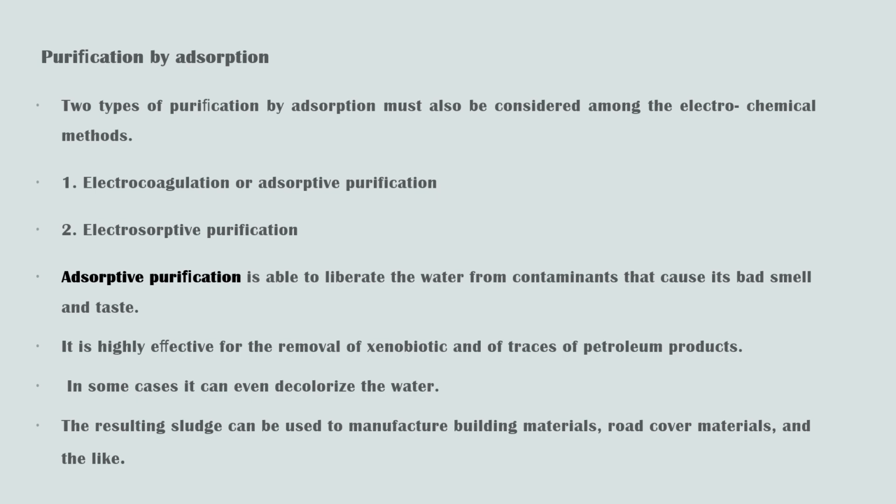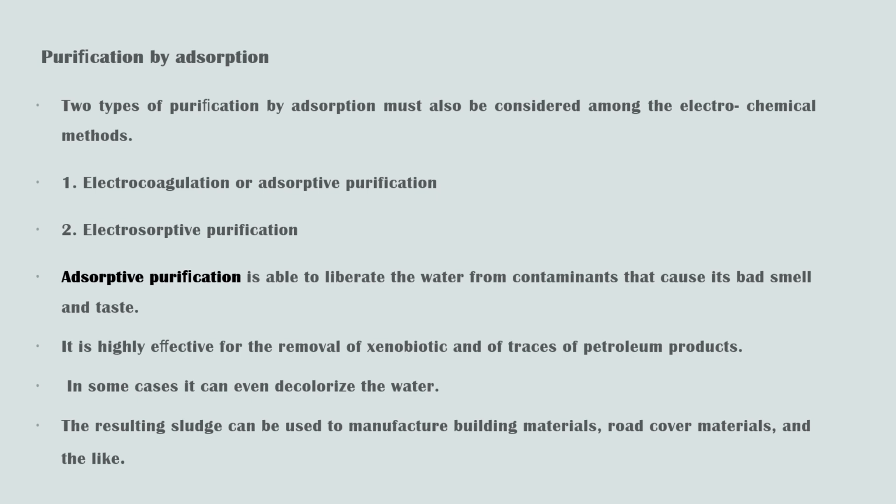While considering the purification procedures for removing the pollutants by electrochemical methods, two types of adsorption methods have been incorporated. The first one is electrocoagulation or adsorptive purification, and the second one is electrosorptive purification. The adsorptive purification method is able to liberate the water from contaminants which cause its bad smell and taste.